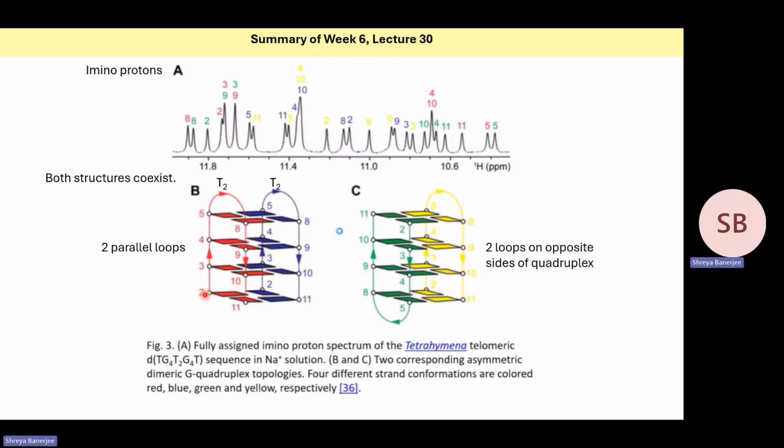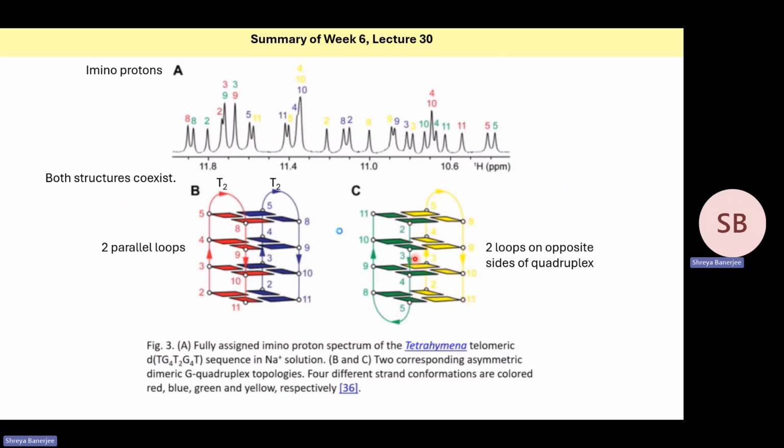The two parallel loops can be on the same side, so you can see the loops in both cases going up and then going down. Or you can have two loops on opposite sides of the quadruplex. In one case, the loop starts from the lowest G tetrad, goes to the upper G tetrad, and again goes down.